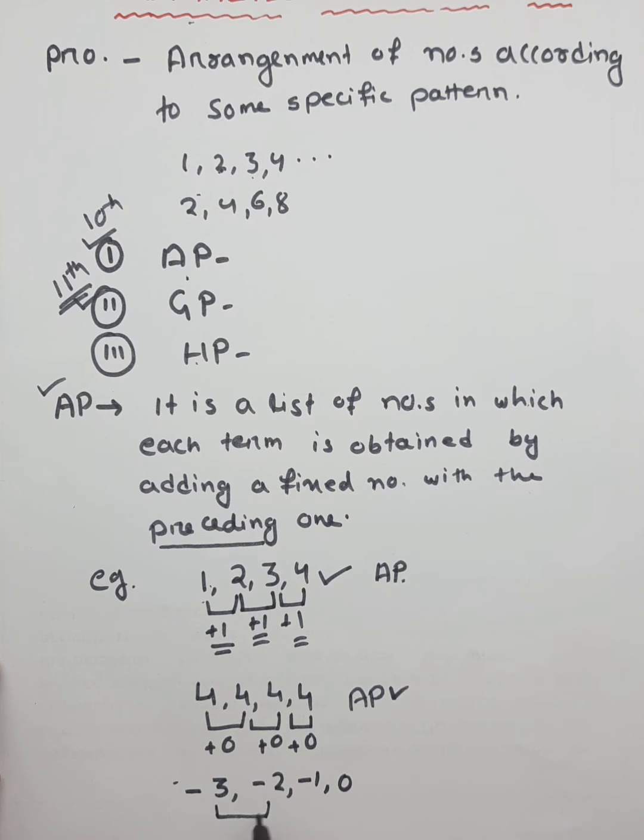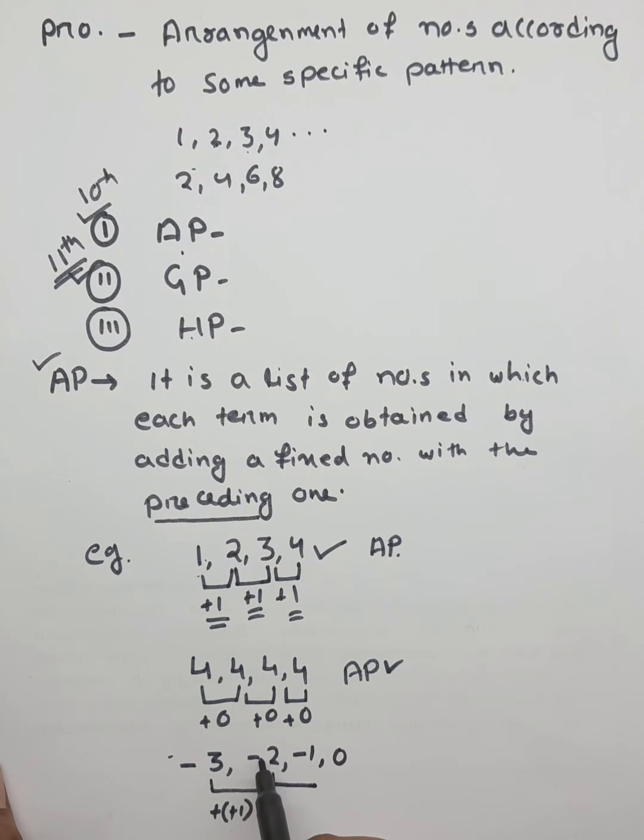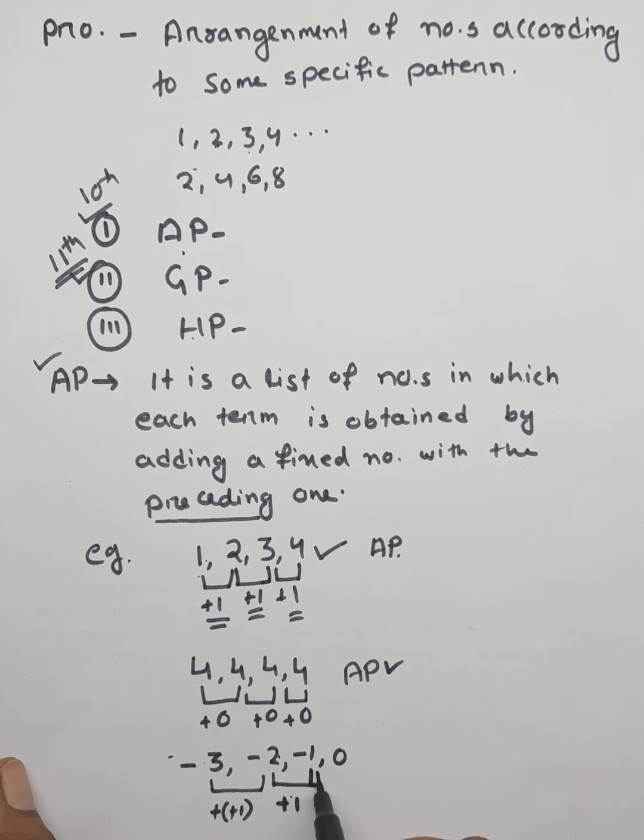Look, we get -2 by adding +1 to -3. Similarly, we get -1 by adding +1, and we get 0 by adding 1. So this is also in AP.